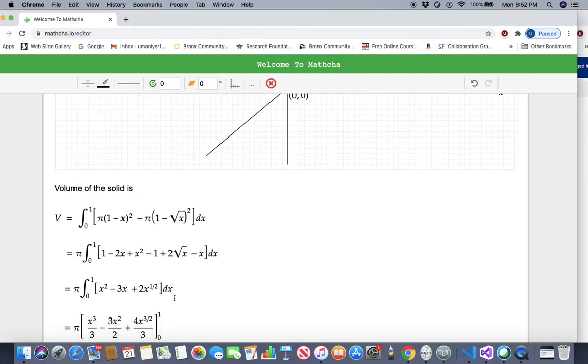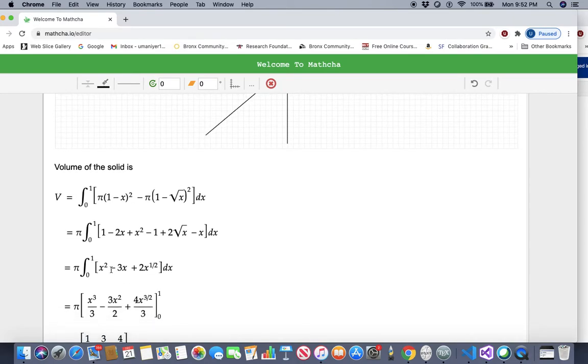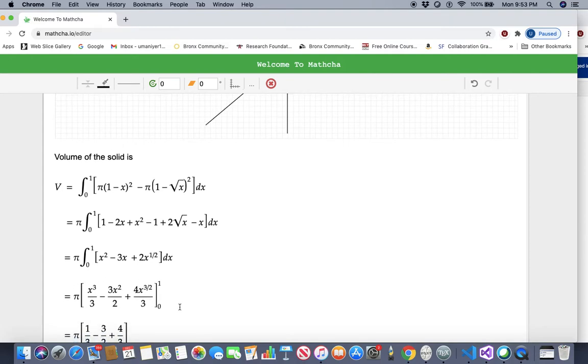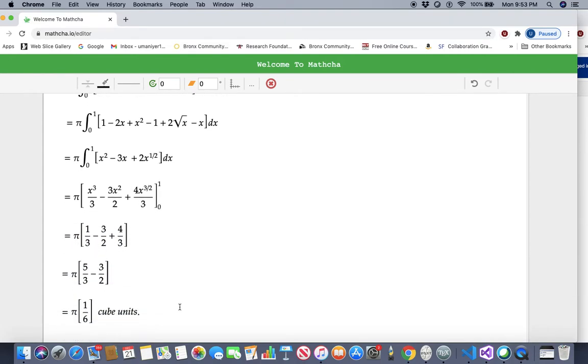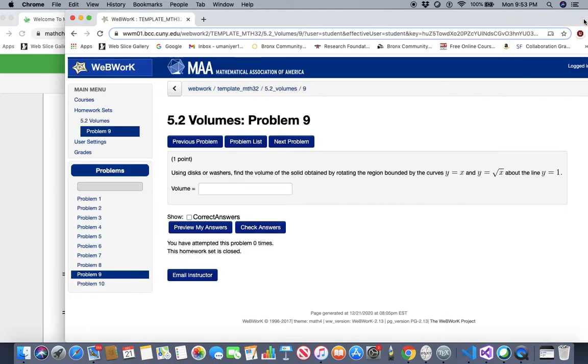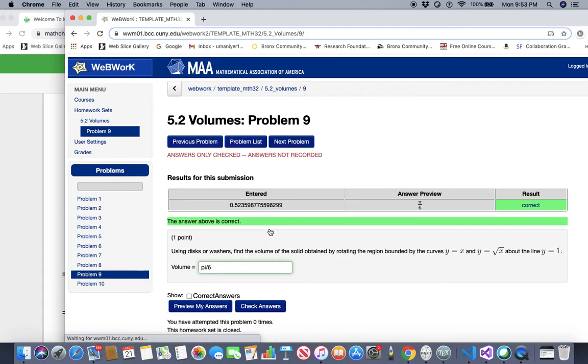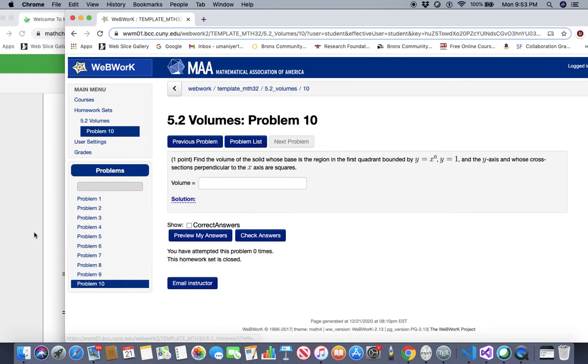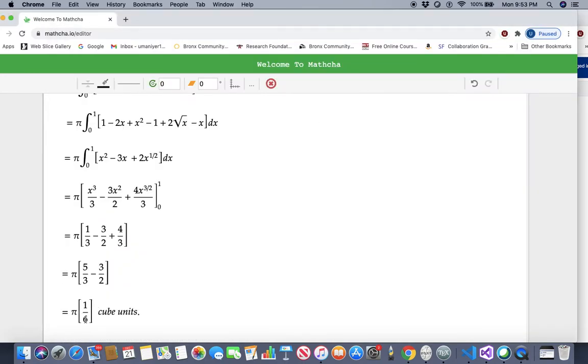So upon continuing, this is straightforward calculation. Make sure your limits are okay. Don't forget the pi outside. Finally, when you substitute, you get pi times 1 over 6. In other words, pi over 6. All right. Okay, so pi over 6.